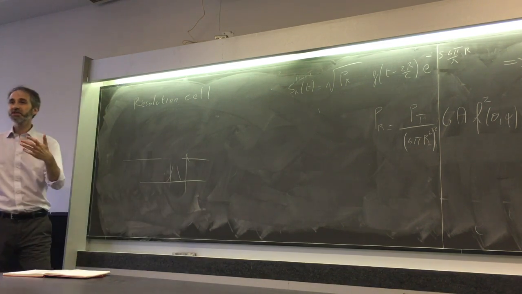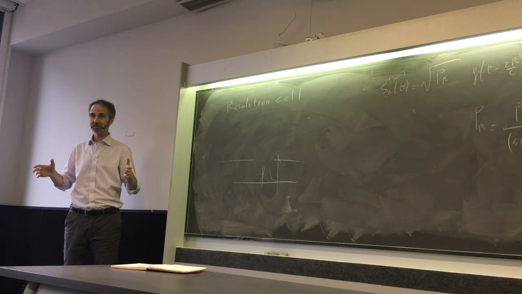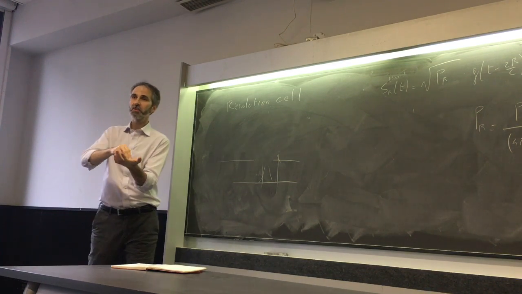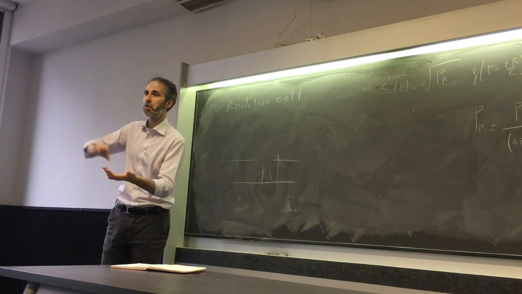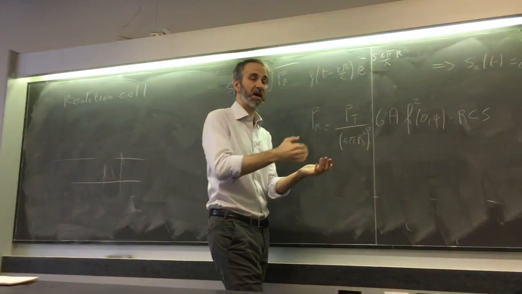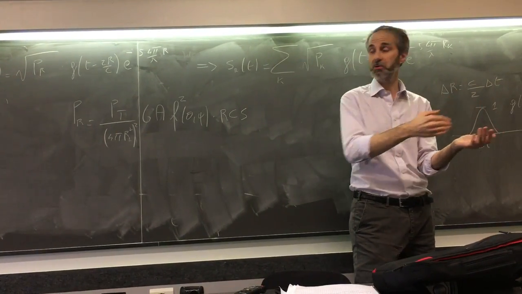So the resolution cell is the portion of space which corresponds to a single sample in your data. So if you have an image, it's a pixel. So what does this pixel correspond to? If you have a time signal, then it is just a time sample. So what does a temporal instant correspond to?